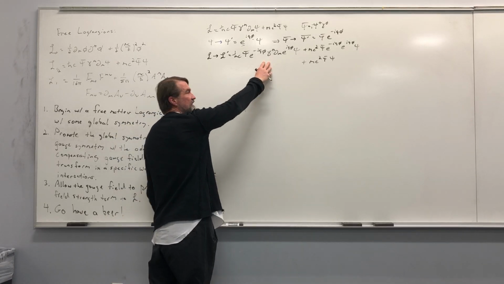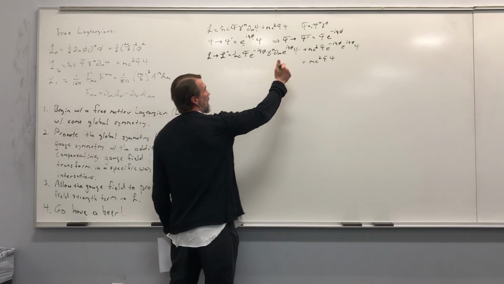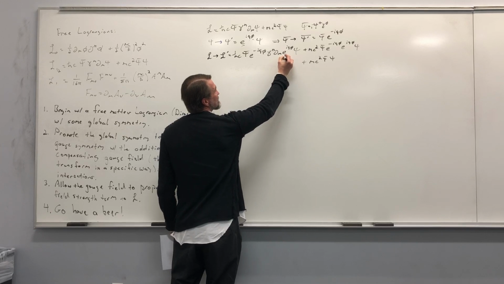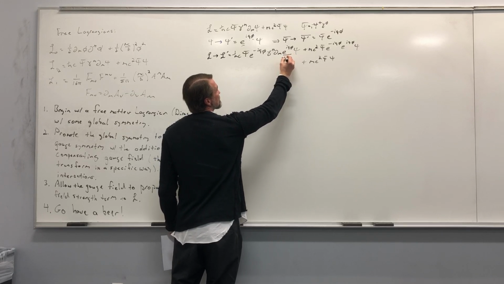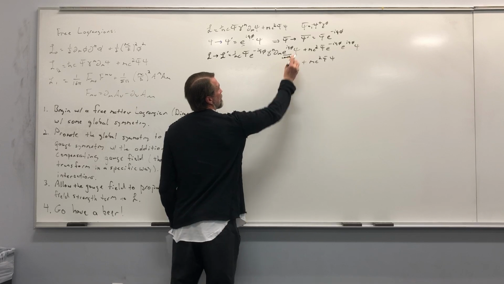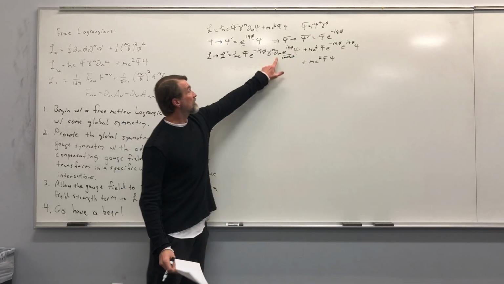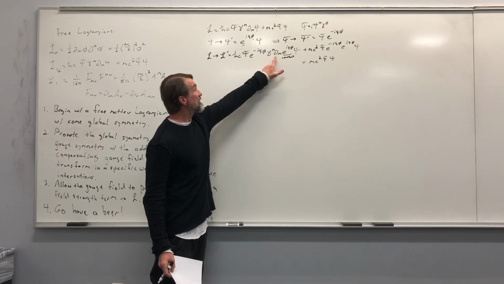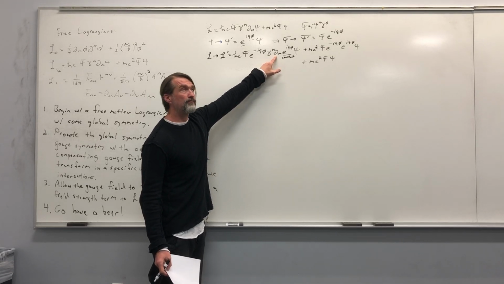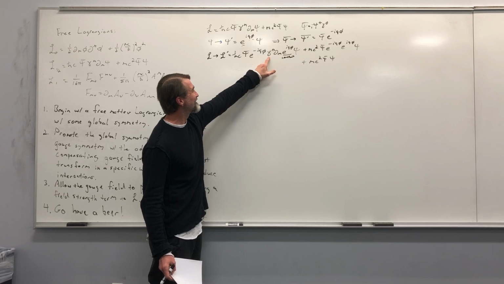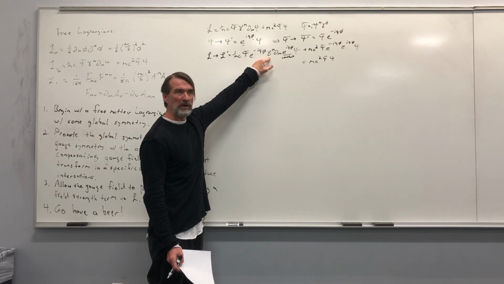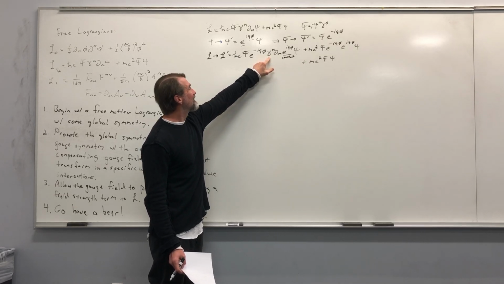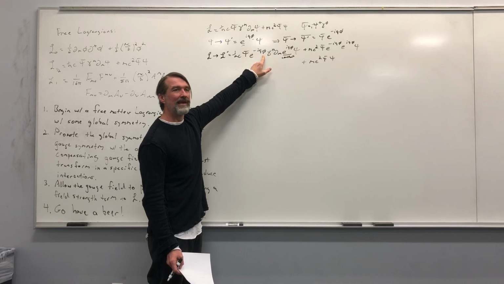This term is a little more work, but if you think about it, this whole thing is a constant. Because it's a constant, you can move it past the derivative. In fact, it's just a number, so I can not only move it past the derivative, I can also move it past this gamma matrix. But that means I can join it up with this and it'll cancel.